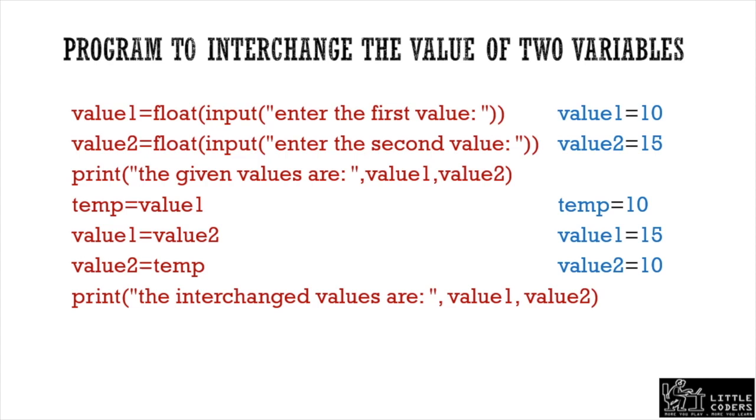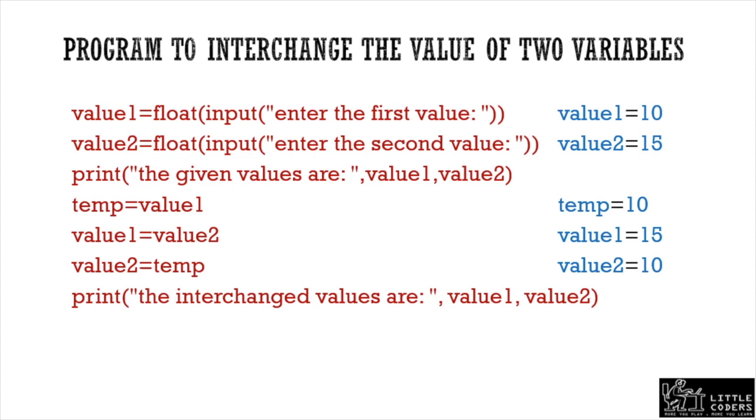Now, once you get the values, if you want to check whether you have given the values correctly or not, you can use a print statement: the given values are value 1 and value 2. Now, as we said, we have to place one on the table, or put one in a temporary location. So temp is equal to value 1.